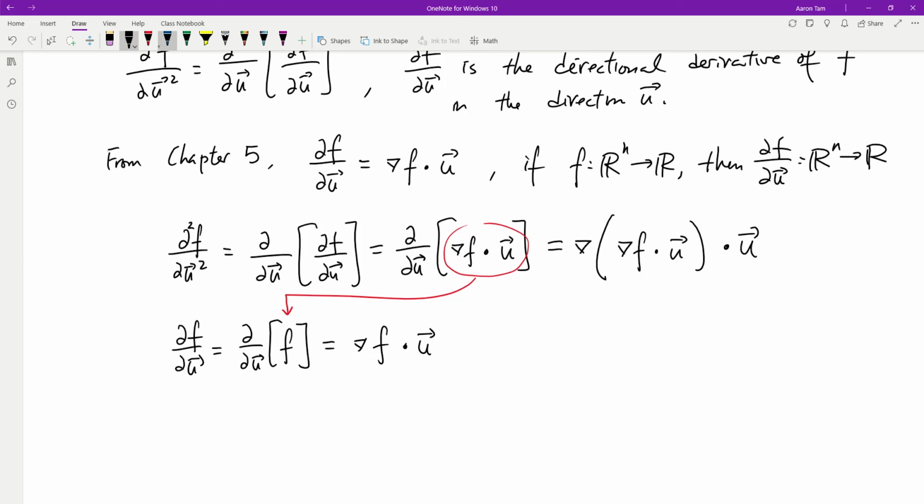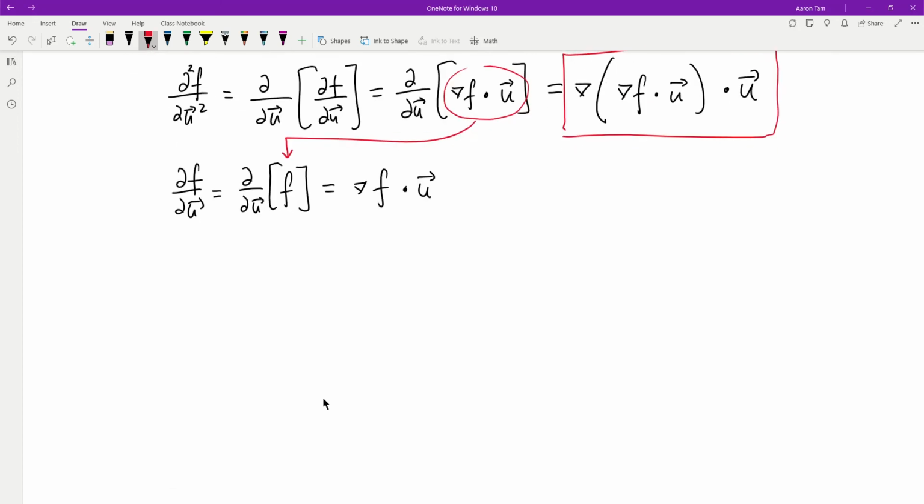So that is how we define the second order directional derivative in the direction of u. Now, of course, that doesn't really help because it's just another complicated mathematical expression and no idea what to do with it. So how about we make it a little bit more concrete?